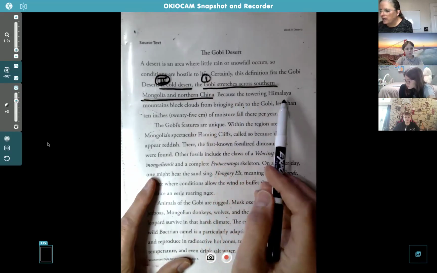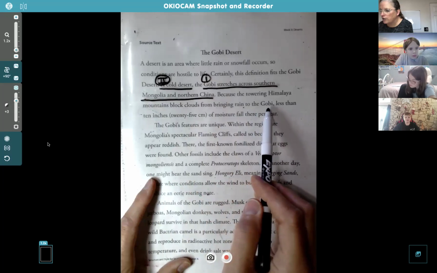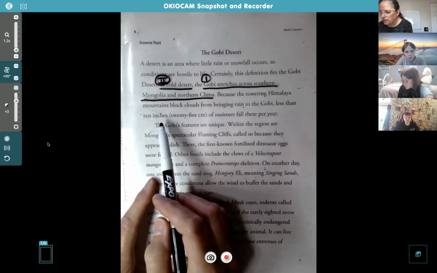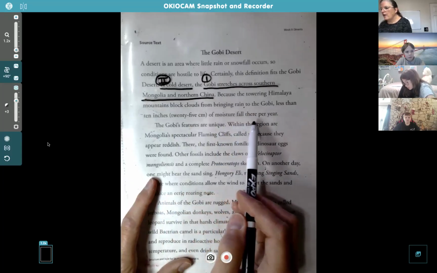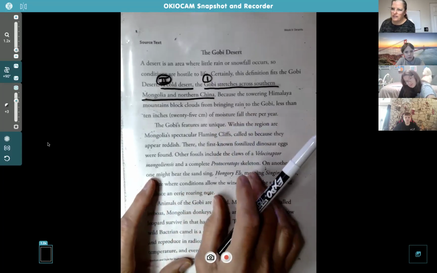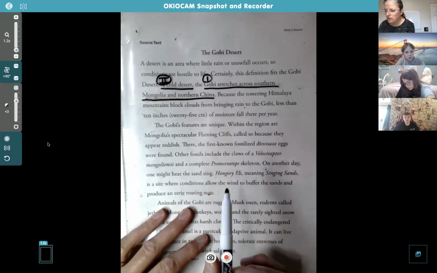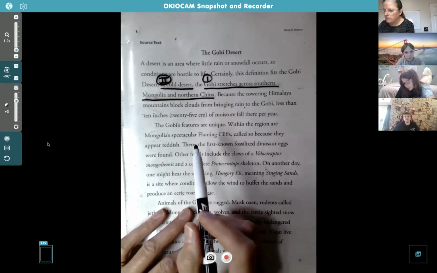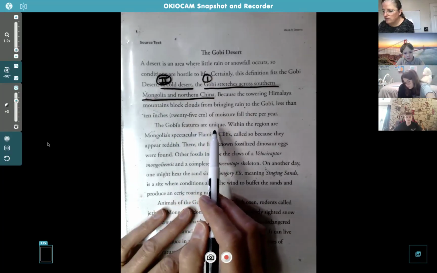Because the towering Himalaya mountains block clouds from bringing rain to the Gobi, less than 10 inches or 25 centimeters of moisture fall there per year. That's kind of interesting, but I'm going to keep going because I think there might be something better to talk about here. The Gobi's features are unique.